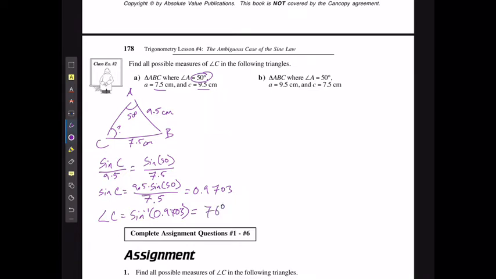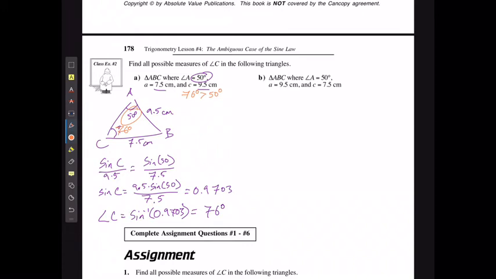Well, as soon as I take a look at this, I can say my given angle is 50 degrees. My acute angle in here is 76 degrees. Because 76 degrees is greater than 50 degrees, I'm going to have an obtuse possibility as well.